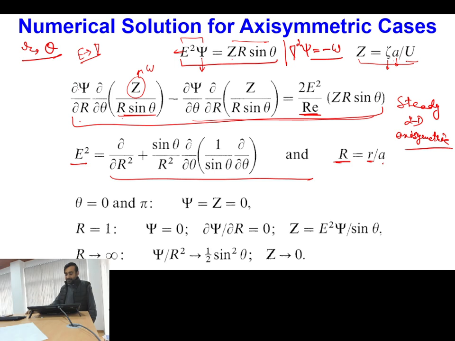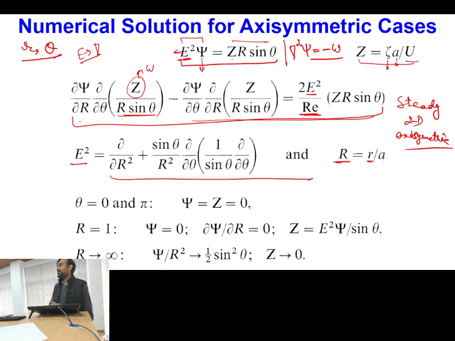So what we need to do now is supply the boundary conditions. Can you tell me how many boundary conditions we need to supply for this system of equations? Only two? You can see over here I have a term E squared.